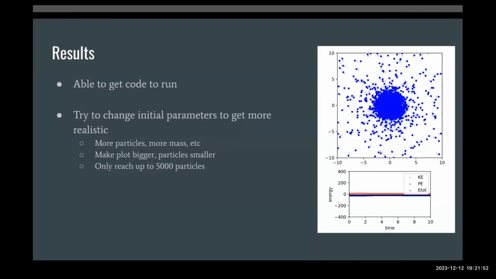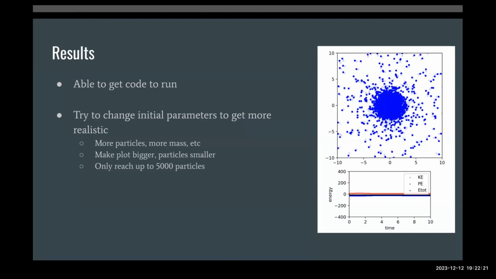So first, we wanted to increase the number of particles. A normal n-body system might have more particles than just 100 or so, so we wanted to increase at least a couple magnitudes. However, when we started increasing it, we noticed that our simulation speed would become really slow, or our code would frequently crash.